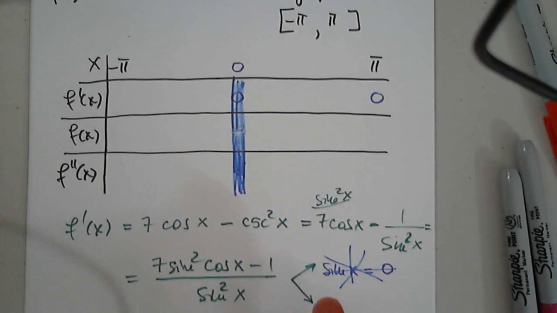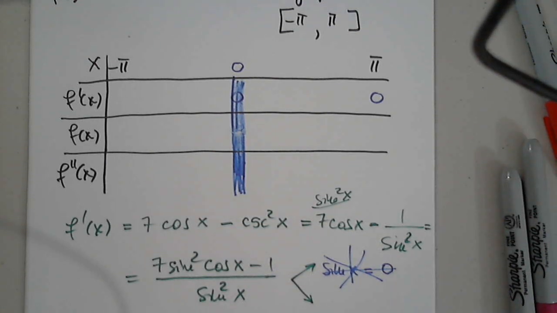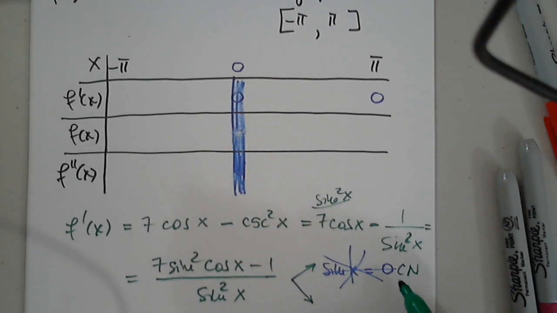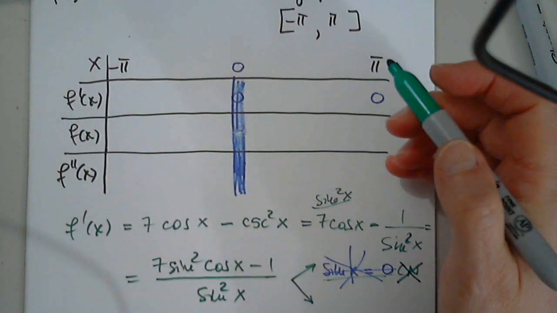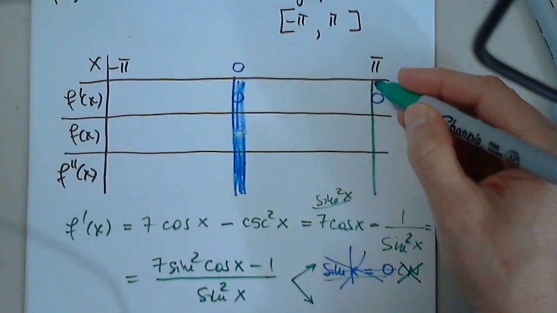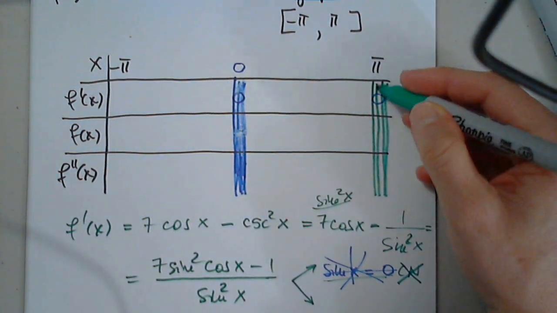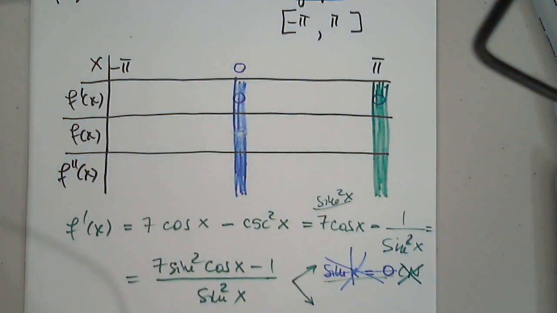So, yes, sine x equals 0, but it's not in the domain, so that cannot be accepted. It's okay as a critical number from here, but it's not going to be considered because the critical number has to exist for the function. The function is not defined at x equals 0, and the function is not defined also at pi. If the function is not defined, its derivatives will not be defined there either.